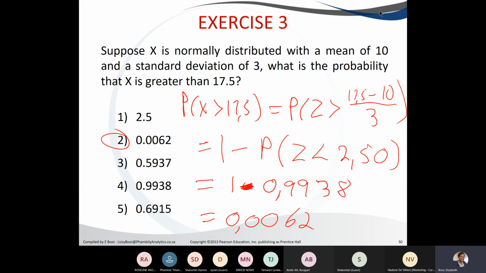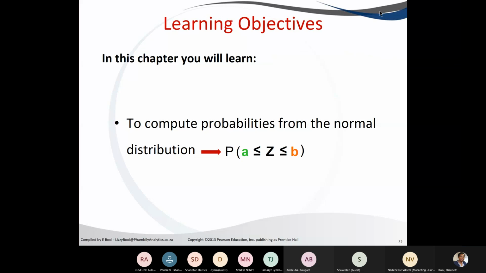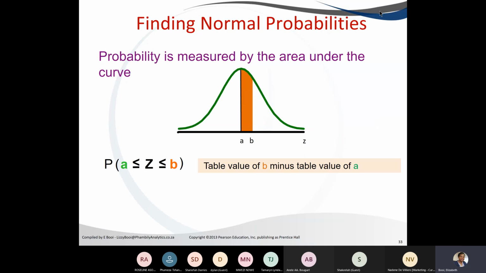Okay, so now let's move to the last part, calculating the probability of between. Therefore, we're going to be calculating the probability that z lies between two values. Since it lies between the two values, we're going to do it differently.